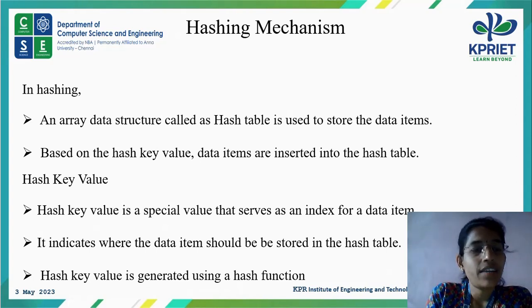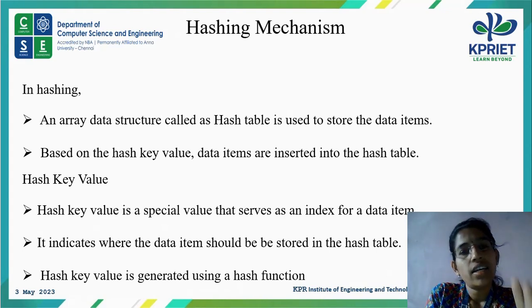In this slide, we explain the basic hashing mechanism. In the hashing mechanism, we use three things: the hash table, the hash key value, and the hash function. The hash table uses the array concept to store the data items.